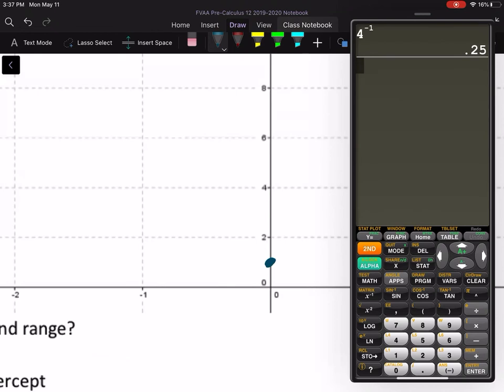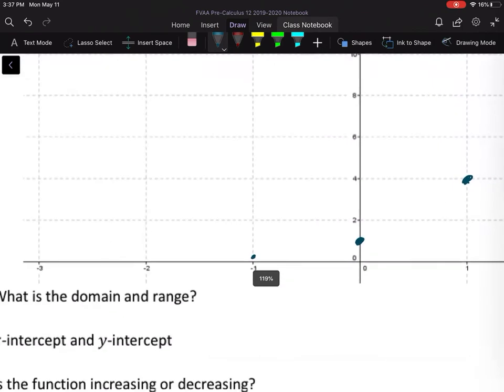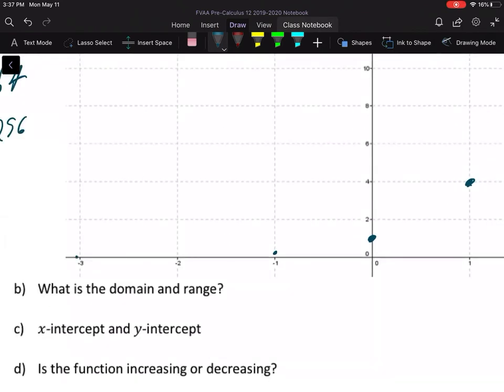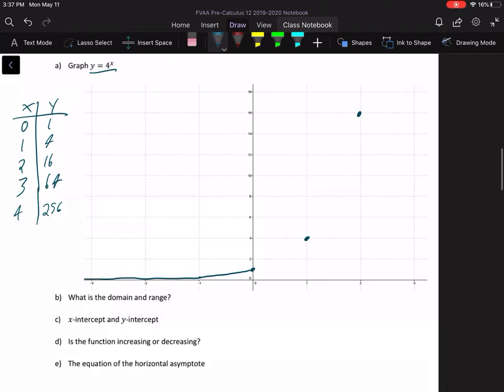And if I put 4 to the negative 5, I never get into the negative numbers, but my numbers get smaller and smaller and smaller. And so my line approaches the x-axis, but it never crosses the x-axis. And then once it's in the positives, it's out of here. Okay, so that's what we can kind of expect from our exponential graphs.